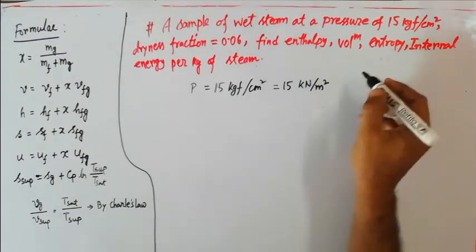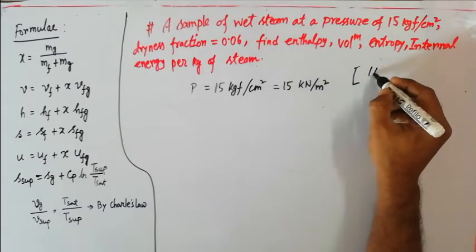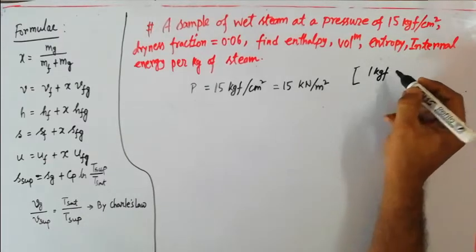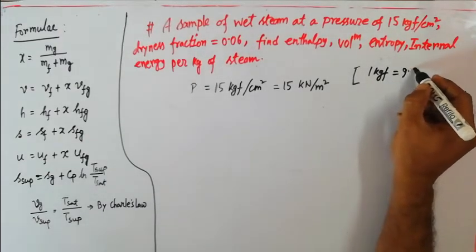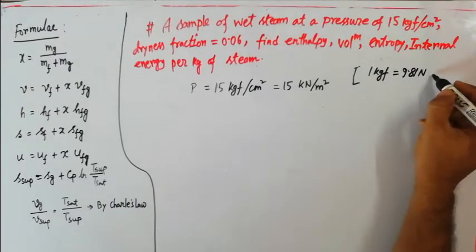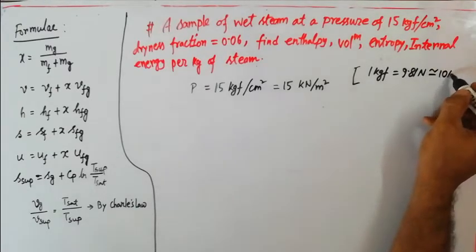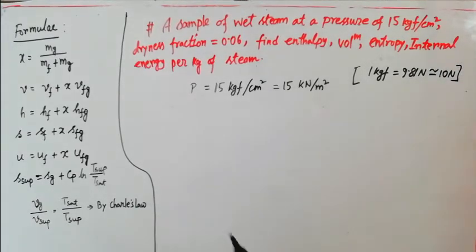You can check that particular relation: kgf, that means kg force, is nothing but 9.81 newton, or approximately equal to 10 newton. So kgf per square centimeter, if you convert that unit into SI unit like kilonewton per meter square, will equate with that.